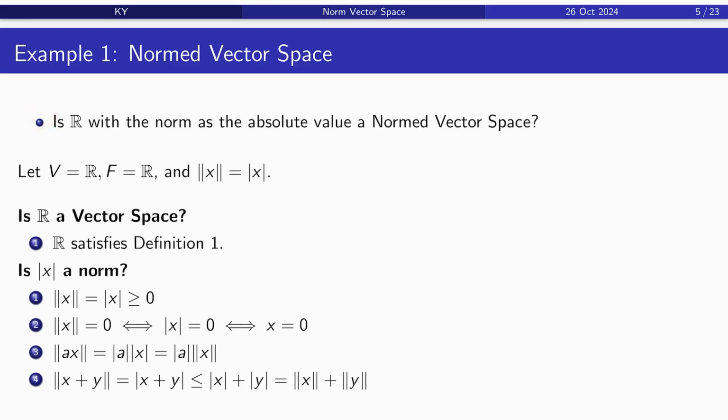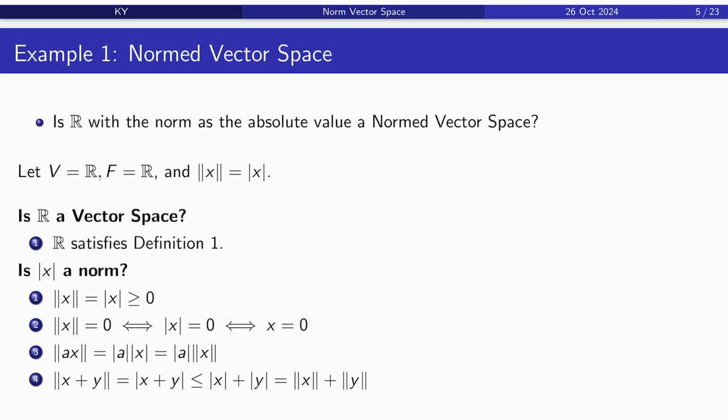Is R with the absolute value as the norm a normed vector space? So that's what we have put in mathematically. We set our vector space as the real line, and our field also as the real line, and we set our norm to be the absolute value.